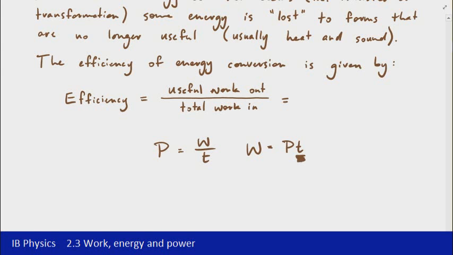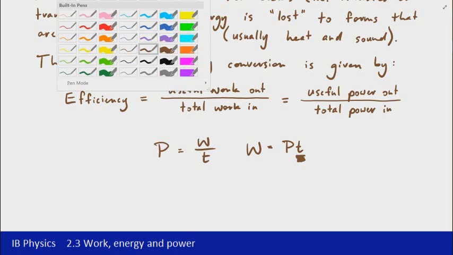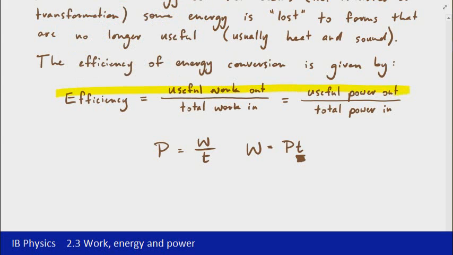So if we consider it over 1 second, for example, compared to the total work in, power multiplied by time, consider it over 1 second, we can then also look at the fact that it's the useful power that you get out over the total power in. And as I said, that is an important equation that's in the data booklet, so I'll just go through and highlight that whole thing.